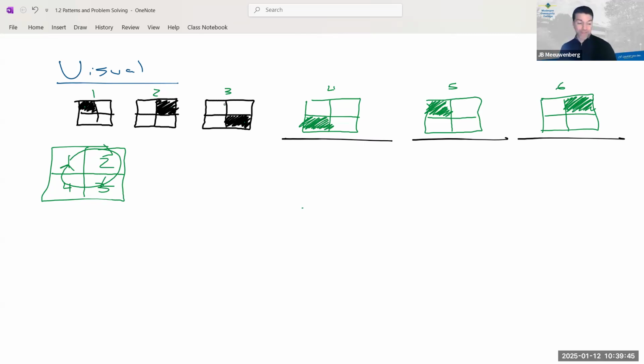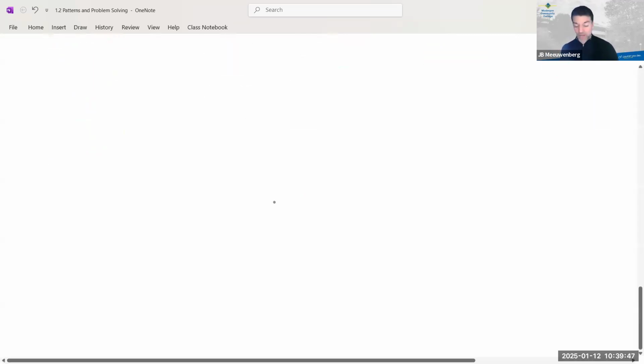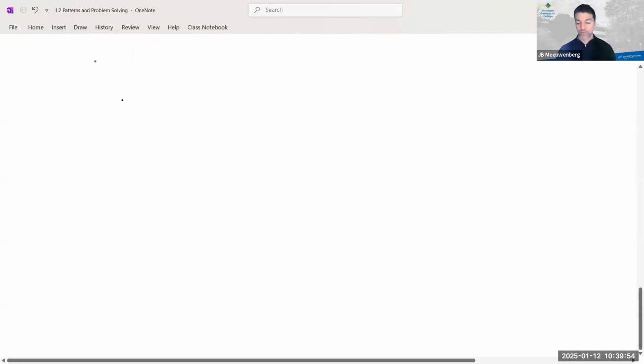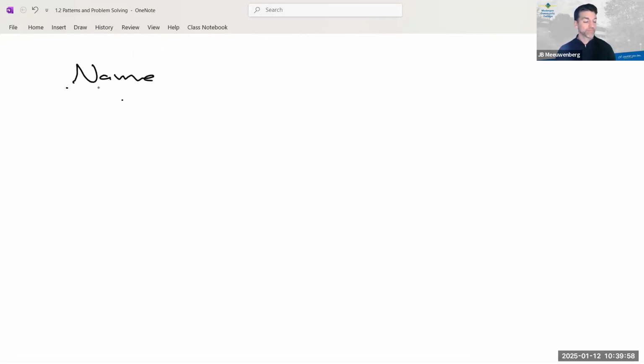Now, you don't even have to have numbers or pictures to represent a pattern. This is a fun one. You can even have word patterns or name patterns. We'll do a name pattern.